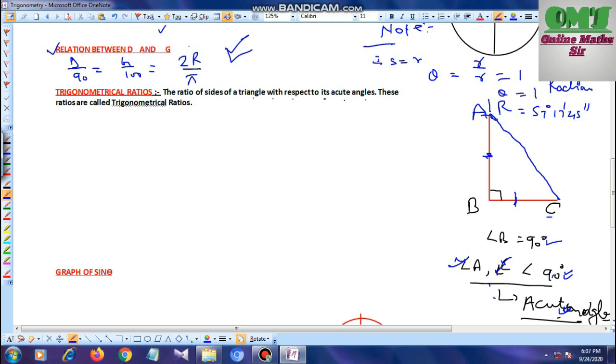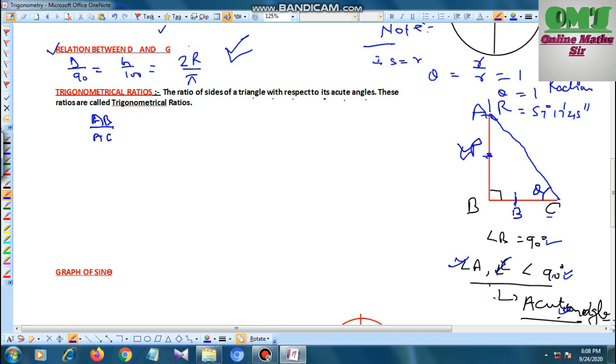Now ratio of these sides, AB upon AC. When angle C is theta, then the side AB will become perpendicular and BC will become base, because the opposite side of any angle is always perpendicular.